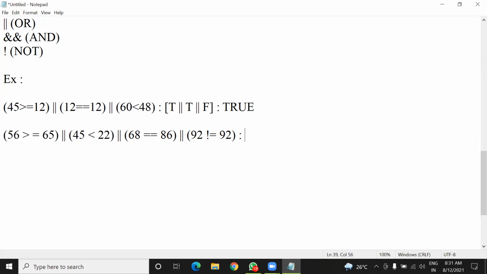False. So Ayush Kumar, tell why it is false. Well, I don't have that much time. Akram Hussain, you tell why it is false.